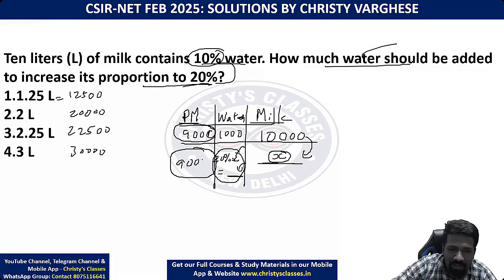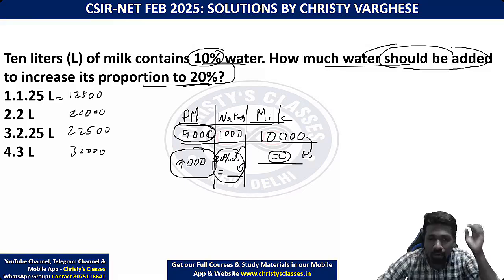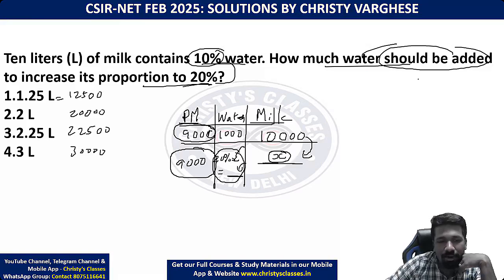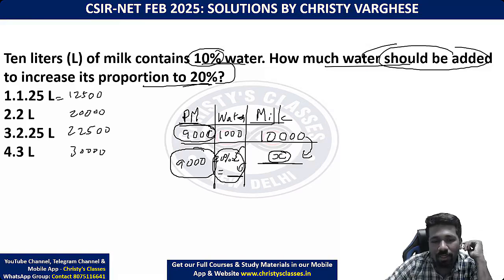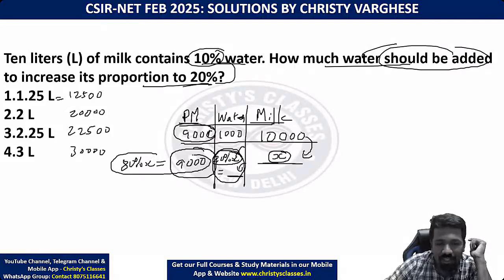9000 milliliters will remain 9000 milliliters because you are only adding water. Adding water will neither decrease nor increase the amount of pure milk. The proportion changes, but the amount will be the same. 9000 itself is the pure milk. So if 20% is water, the remaining 80% will be pure milk. 80% of x is equal to 9000.